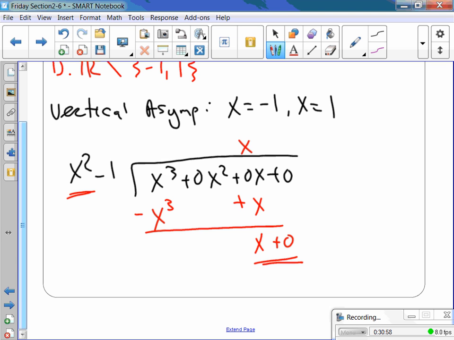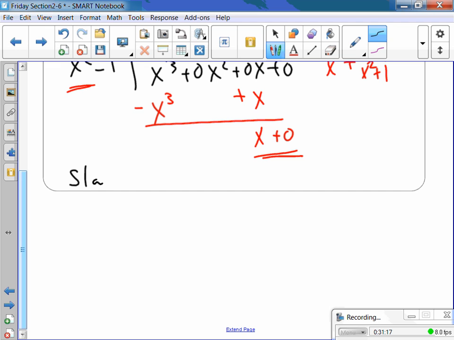This is what happens when I divide. What are we only concerned with? The quotient, again, ignoring the remainder.